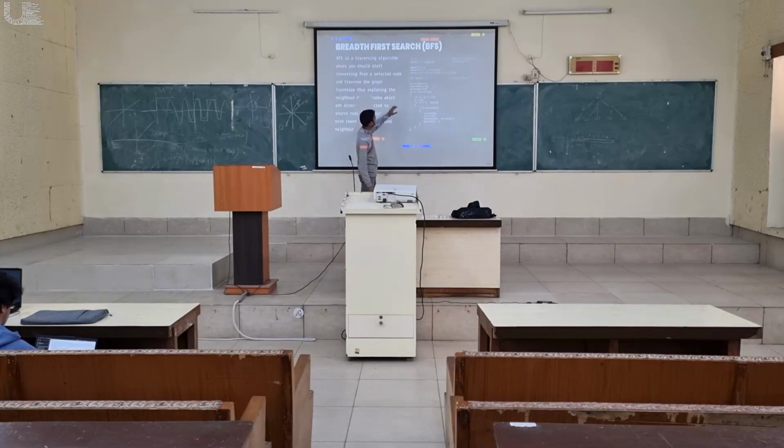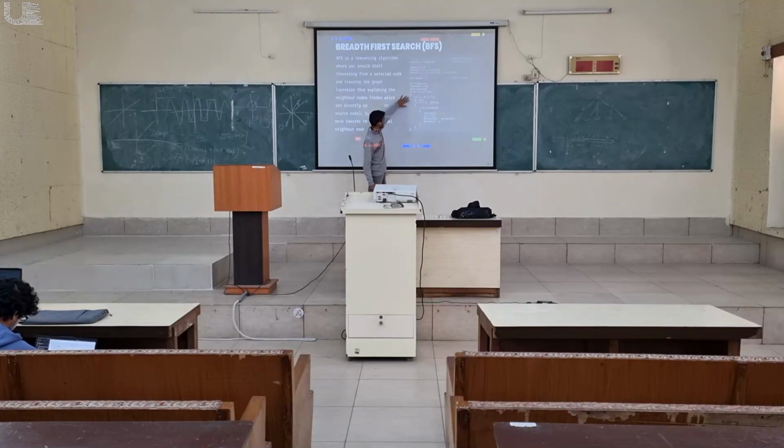Forget about the visited and distance arrays right now. This is the source node, the root node. We visited the root node. We took the parent of the root node, leave it right now. Then we push the root node into the queue.